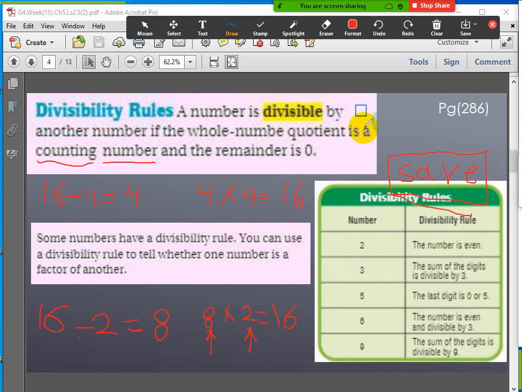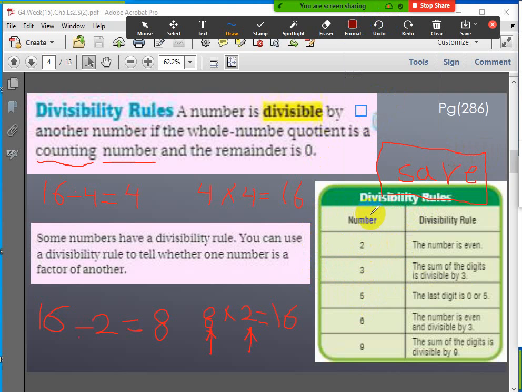You have to save this table, to know if a number is divisible by another number or not. Let's read this table to explain it.